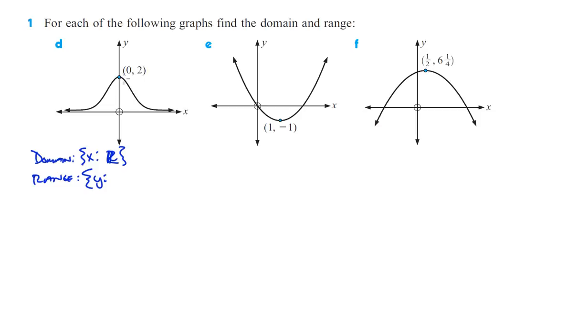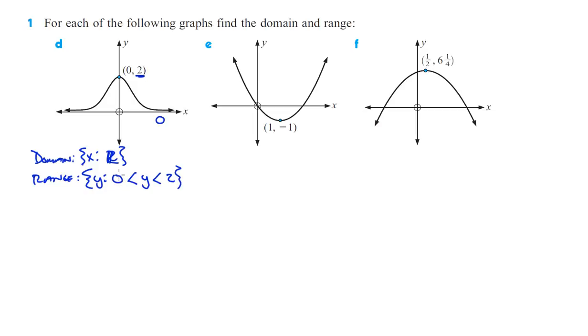Now, if you'll notice here, the highest y ever gets is 2, and it's getting really, really close to 0, but it'll never actually hit 0. So the smallest it ever gets is 0, and then my y is going to be bigger than 0, but it's also going to have to be less than 2.